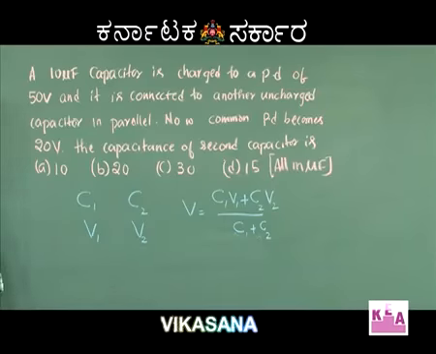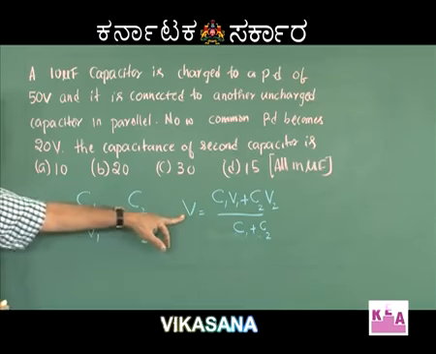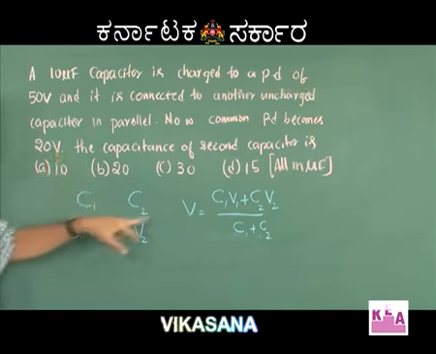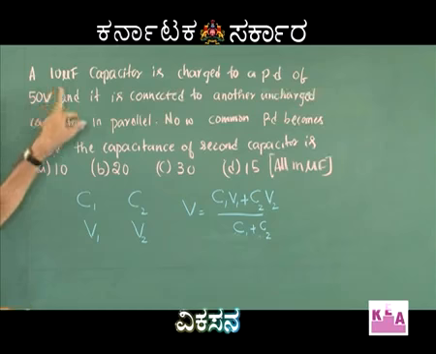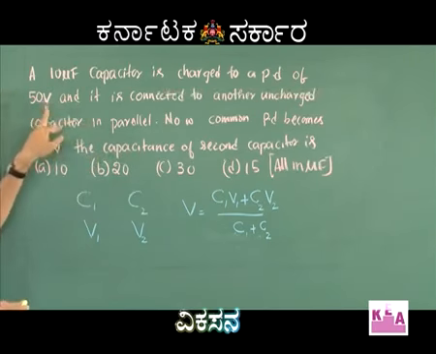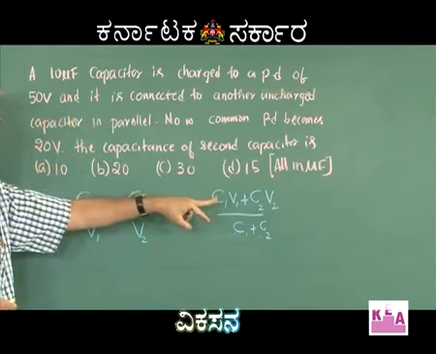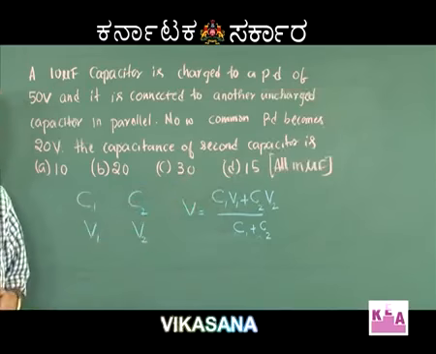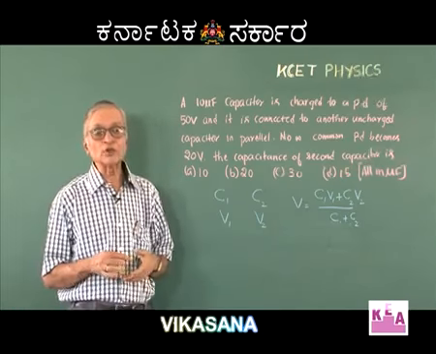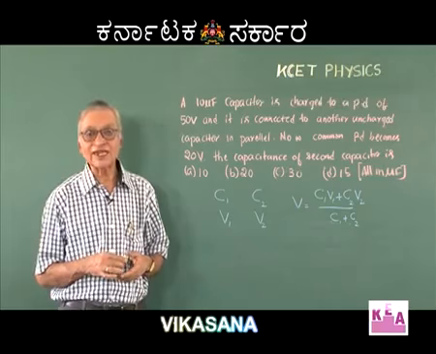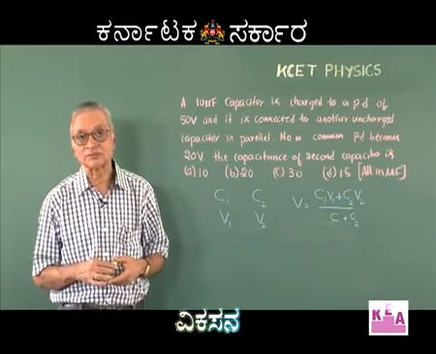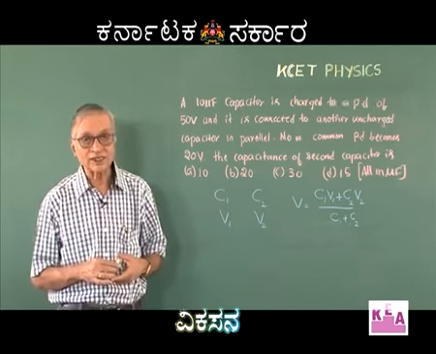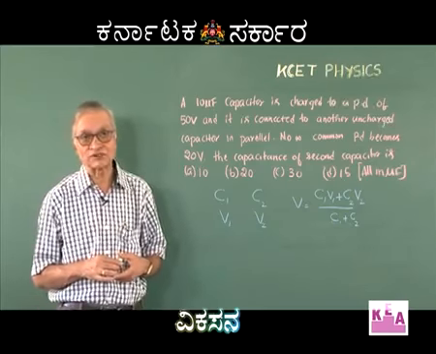You may note that common potential is 20 volt, C1 is equal to 10, V1 is equal to 50, C2 is not known, V2 is equal to 0. V2 is 0 because the second capacitor is uncharged. When it is not charged, there cannot be any potential difference.